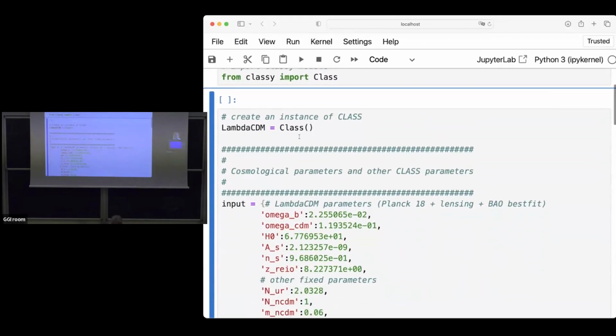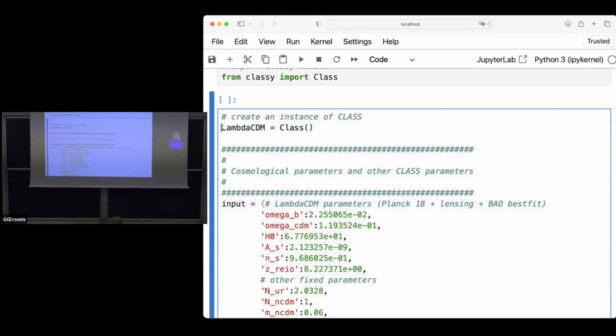Okay, so now I want to create an instance of the code. This will be my instance, and this is where we will put the input and the output, and typically it will account for a given cosmology. In this example, I want to simulate a lambda CDM cosmology, so I open this instance of CLASS. You could open many of them at the same time in the same notebook.